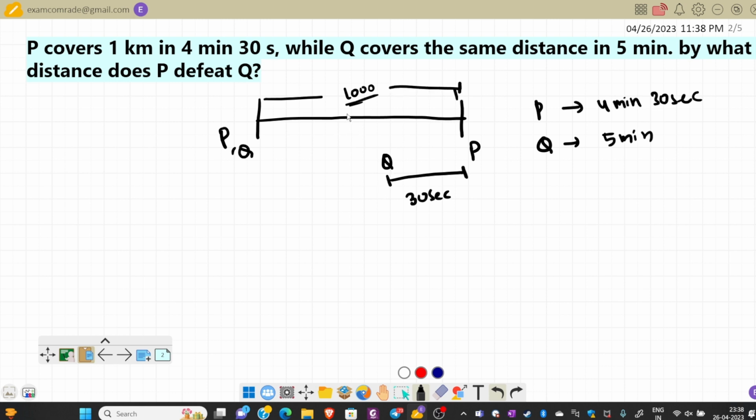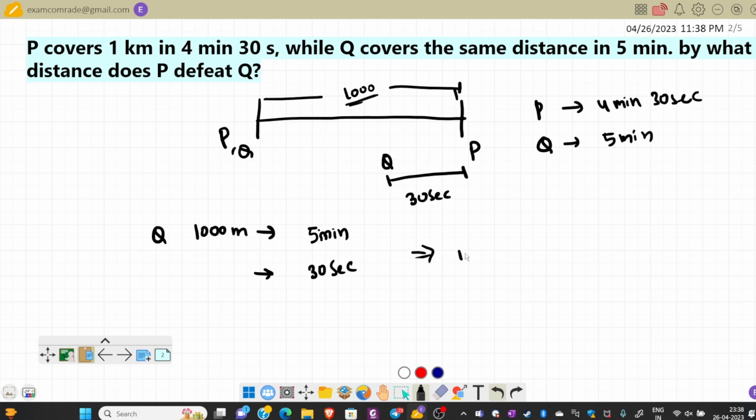Okay, Q covers 1000 meters in 5 minutes. So how much distance will he cover in 30 seconds? 30 seconds is 1 by 10 part of 5 minutes.